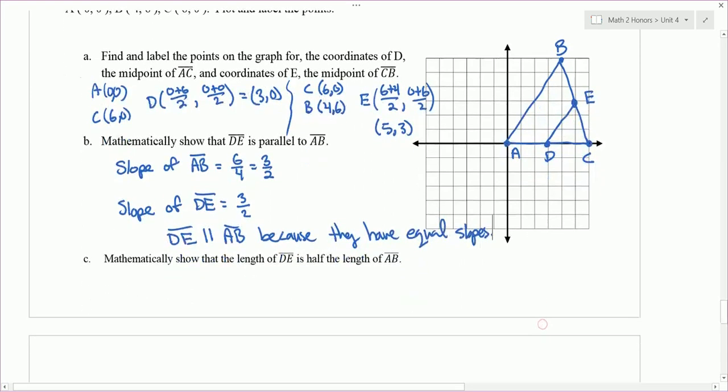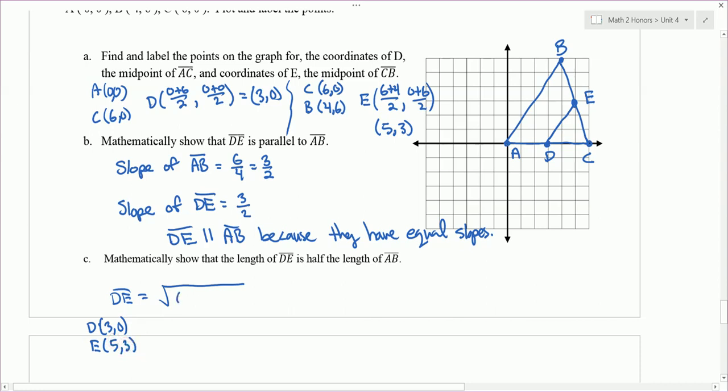C, mathematically show that the length of DE is half the length of AB. So we're going to use the distance formula. So the distance, or the length DE, take the square root, take the two x values of your coordinates. So D is at (3, 0), and E is (5, 3).